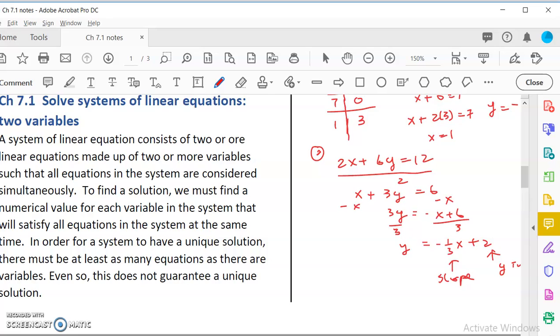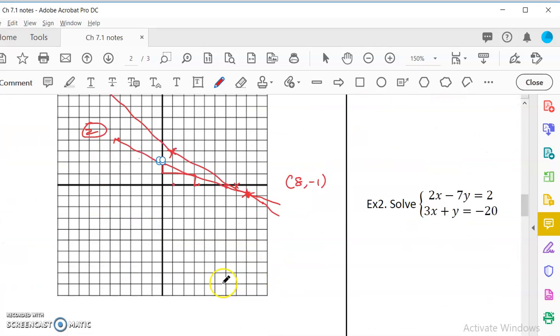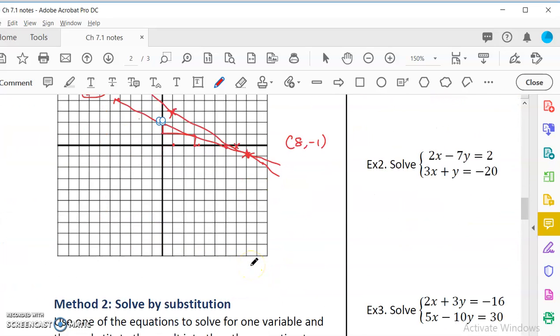So after you graph it, the point of intersection, I should change it to 9, because graphing by hand is kind of hard. So the answer, the number that satisfies both equations, is 9 comma negative 1.